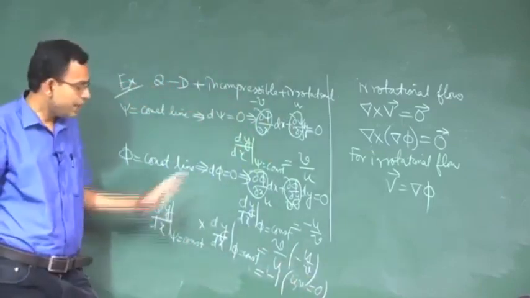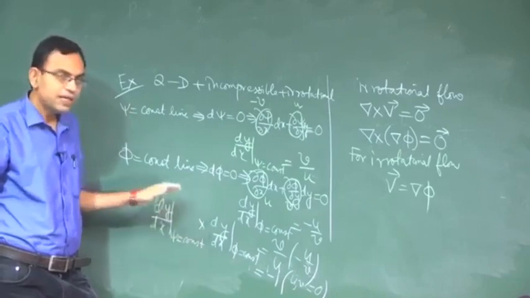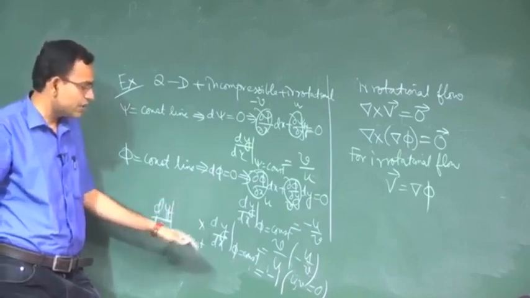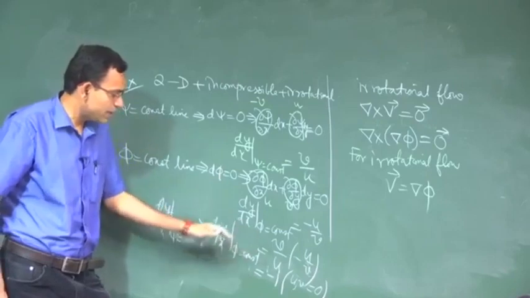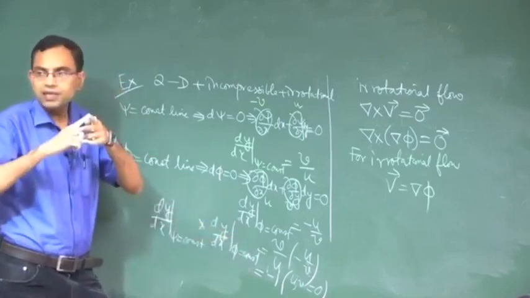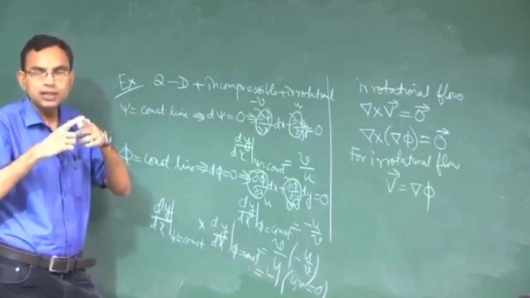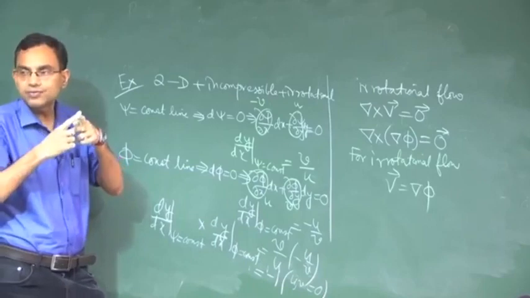So, this is the slope of the tangent to the psi equal to constant line, this is the slope of the tangent to the phi equal to constant line, and the product of that is minus 1, that means their tangents are perpendicular to each other. These are called orthogonal curves.